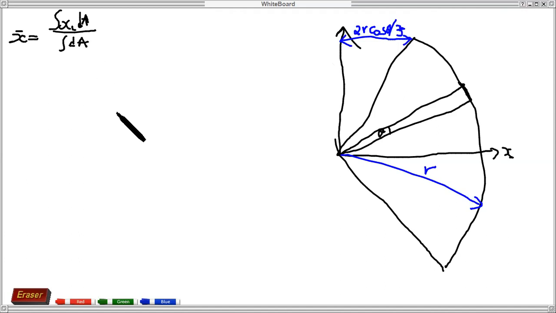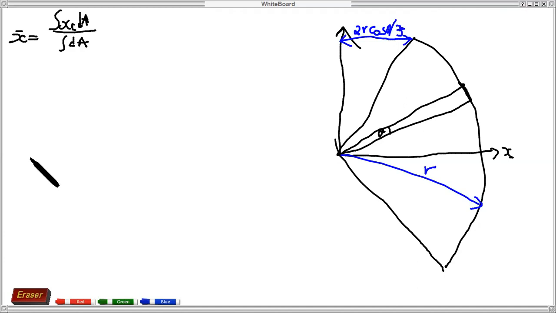So we need to find both the numerator and the denominator. This is x_c. Now we can try to find the area of this shape. We can start again with the formula we used previously, the one for the arc.